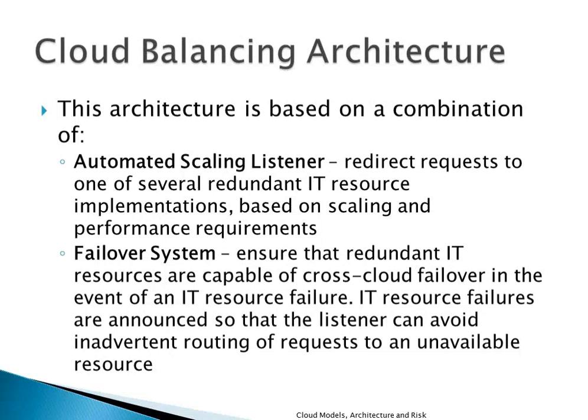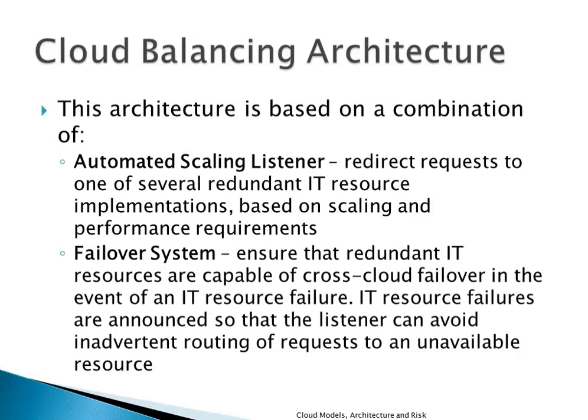So if it fails in the AWS cloud, you've got to be able to bring it up straight away in Azure or Google or IBM or whichever other cloud you're using. IT resource failures are announced so that the listener can avoid the inadvertent routing of requests to an unavailable resource.